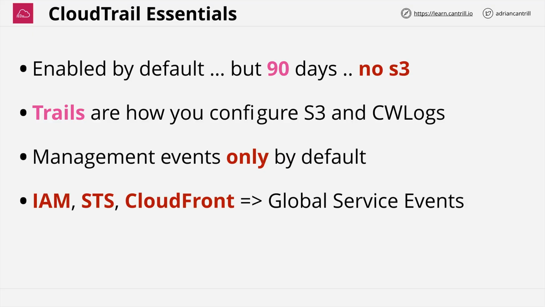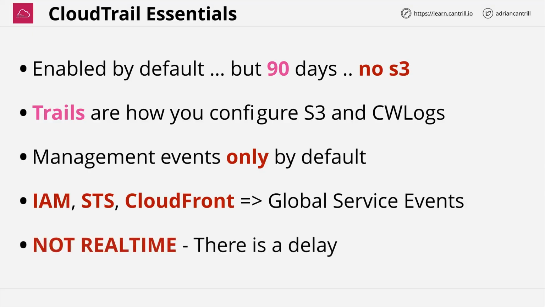What you will also definitely find coming up as an exam-style question is whether you can use CloudTrail for real-time logging. Well, this is one of the limitations of the product. It is not real-time. CloudTrail typically delivers log files within 15 minutes of the account activity occurring. And it generally publishes log files multiple times per hour. What this means is it's not real time.